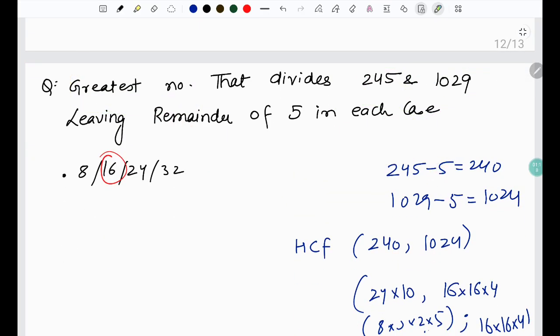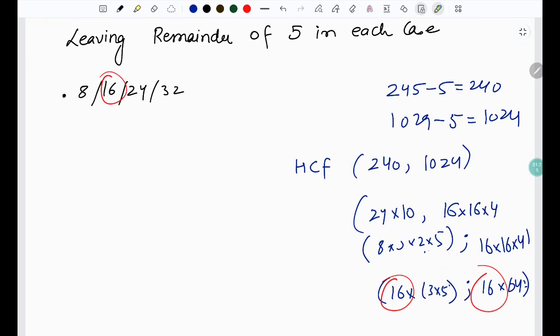So hence, subtracting the remainder, we'll get 240 and 1024. So the highest common factor becomes that of 240 and 1024.